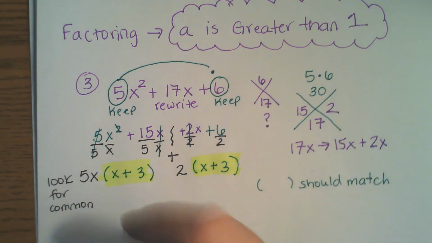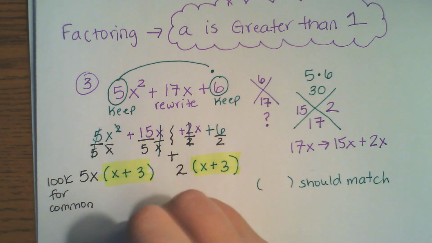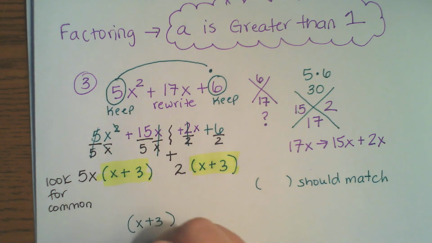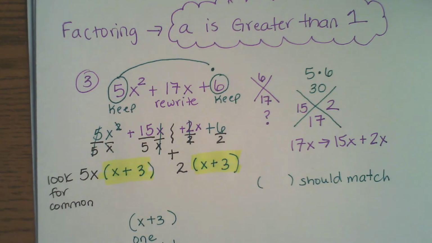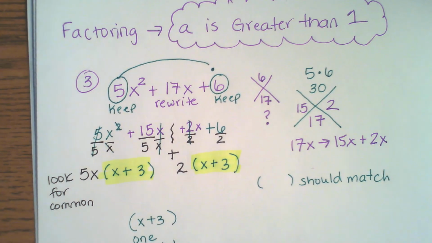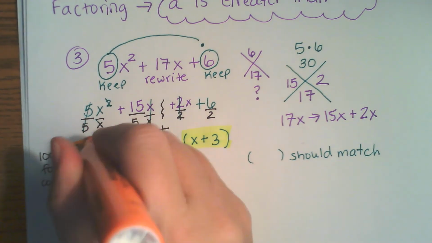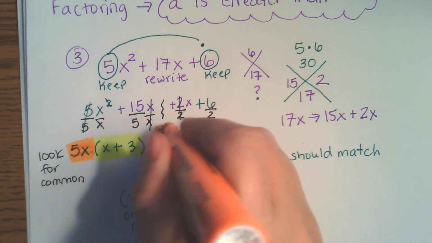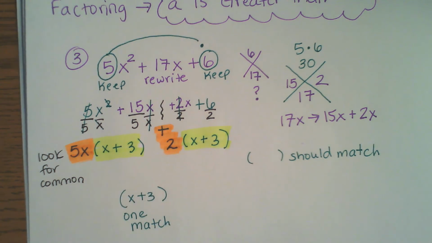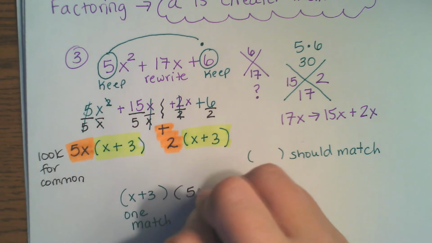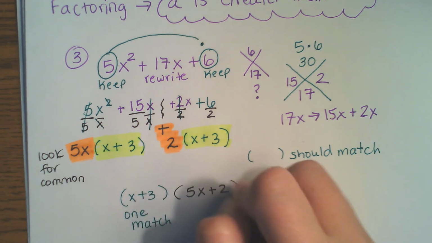So I write one of the matching parentheses, and then the other one is going to be the 5x and the plus 2, the GCFs. I put them in a different set of parentheses.